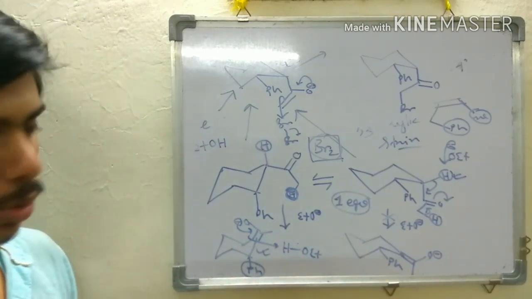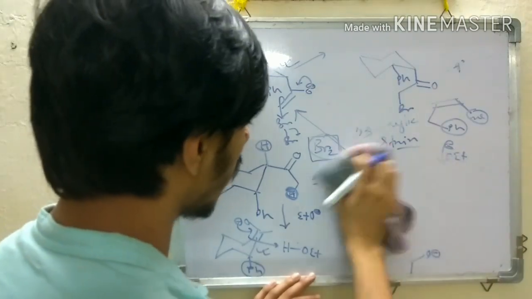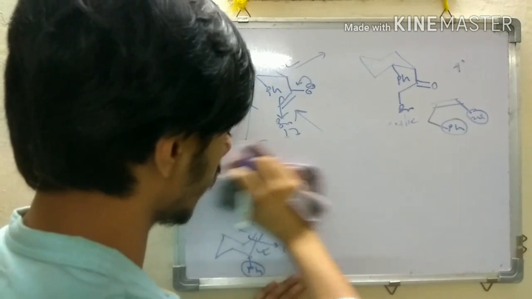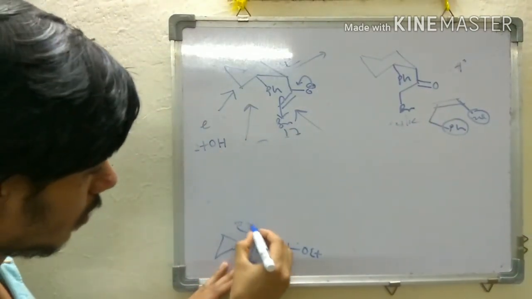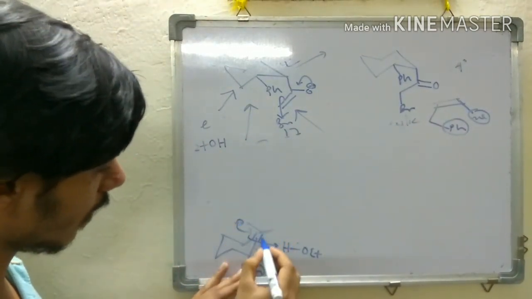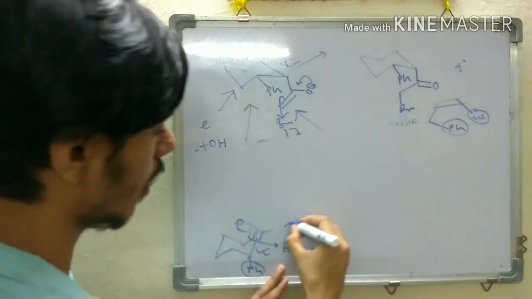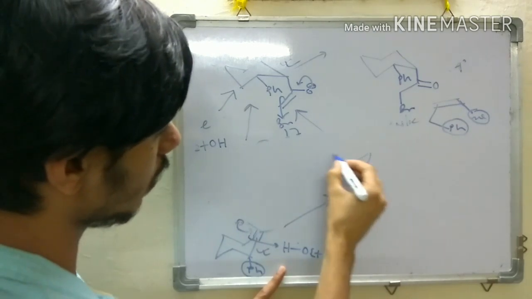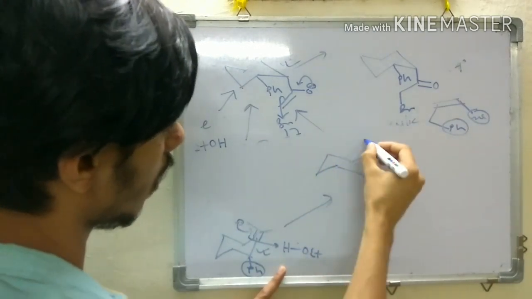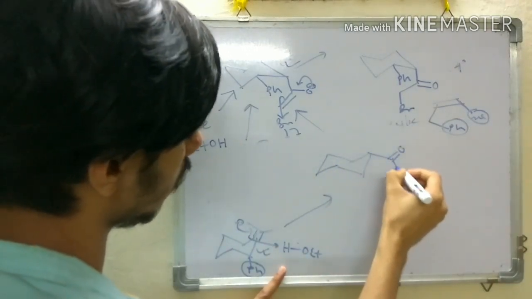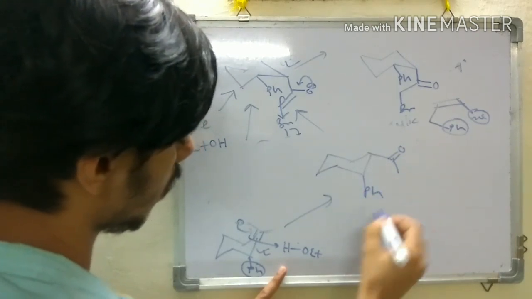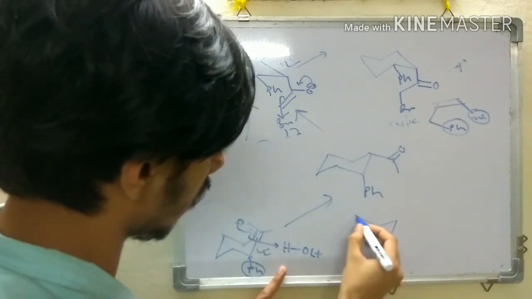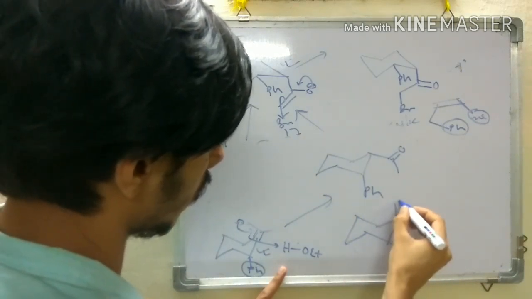So this protonation can occur from either the axial side or the equatorial side. If you protonate from the axial side, you will get the same thing as you had previously. But if attack occurs from the equatorial side, you will get this one.